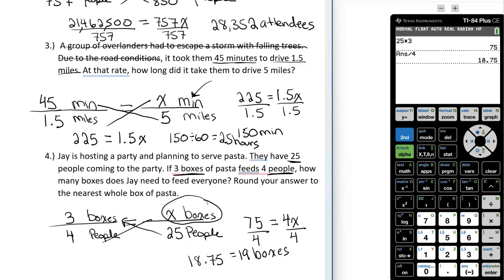But if we calculated everything out and we ended up with an answer looking like this, and it's boxes, so we know we cannot have a partial box, so we need a whole number answer. Normally we would look at that and say, okay, well, the 3 is not 5 or greater, so my number would stay the same. Well, that would move me down to 18, which is not enough pasta to feed everybody.